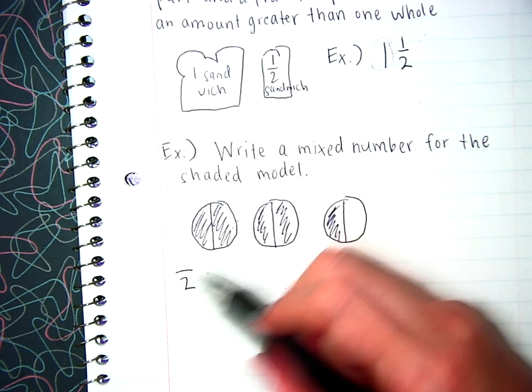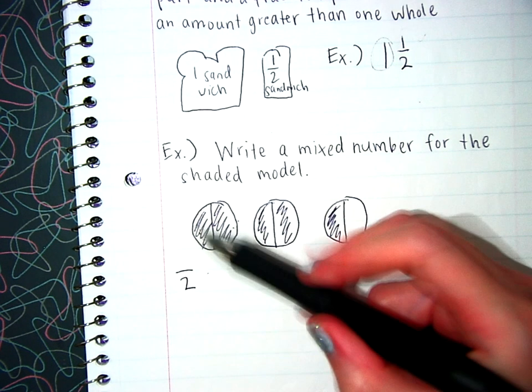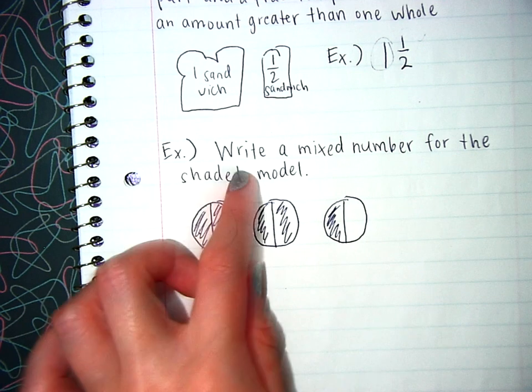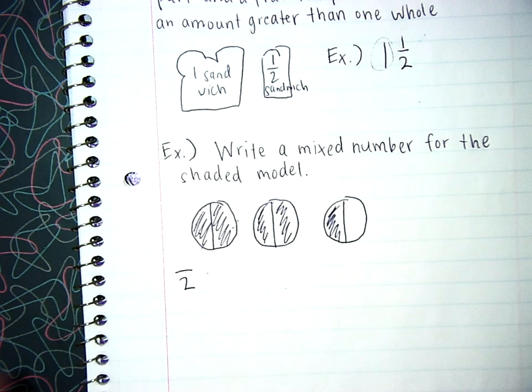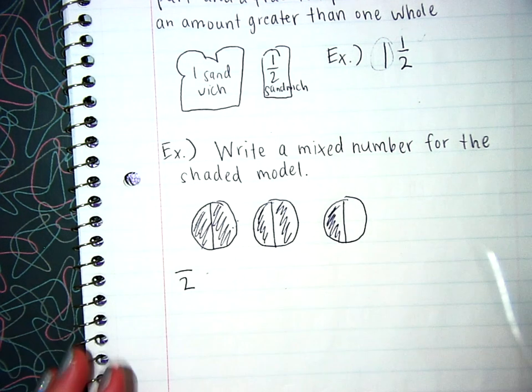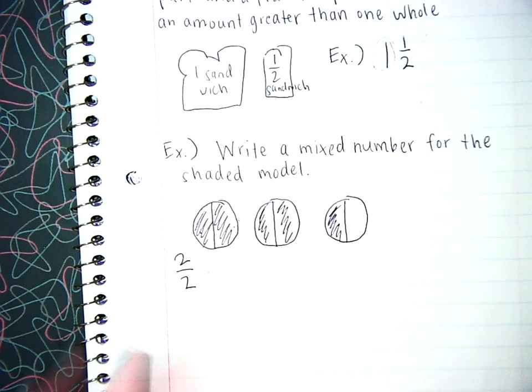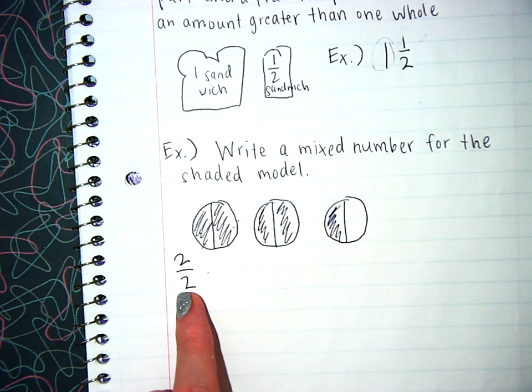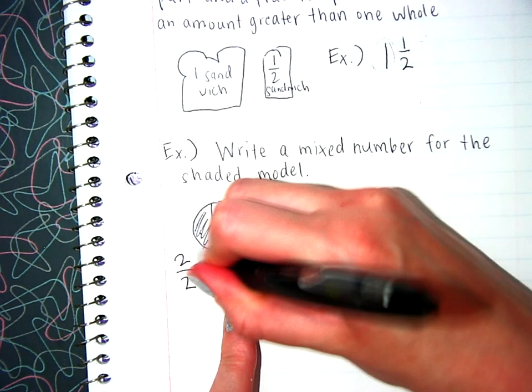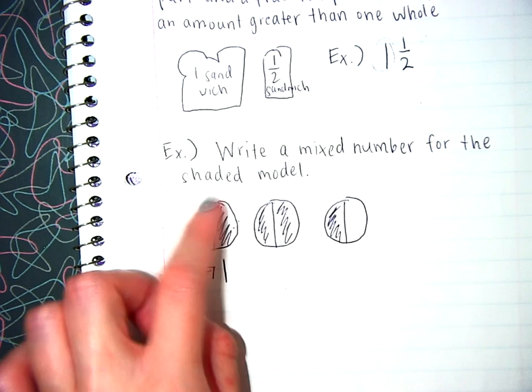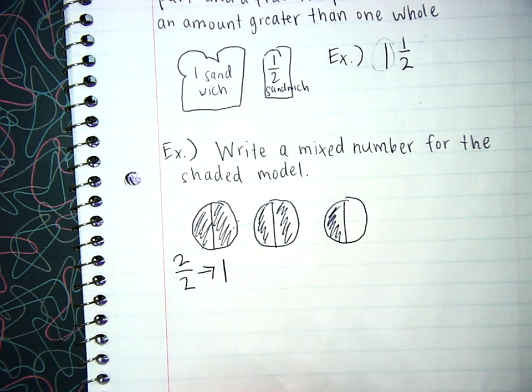The denominator would be 2 because there's 2 halves. Then I'm writing a mixed number for the shaded. Well, how many do I have shaded in this circle? They're both shaded. So 2 over 2. Another way to say 2 over 2 is 1, which is the whole. When everything is shaded, it is a whole and it's considered 1.